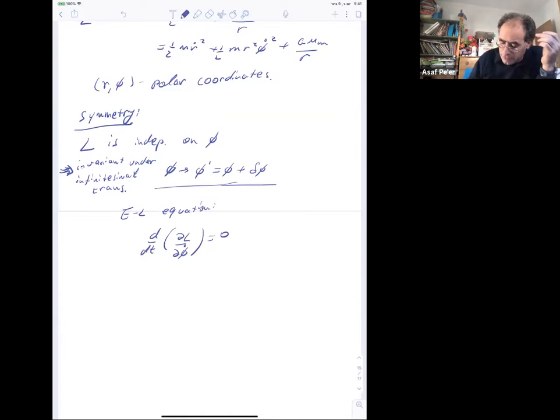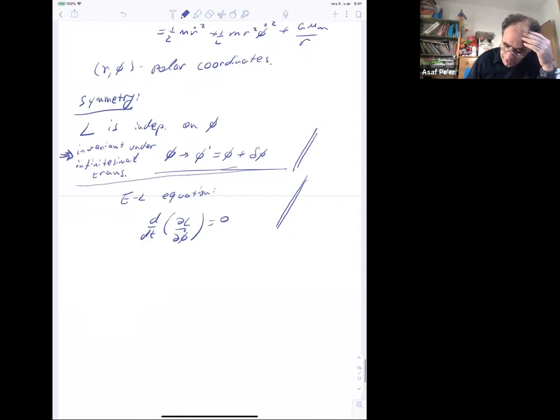So this is the symmetry and the equation of motion. It means that dL over d phi dot, which we call J, is just m r squared phi dot. What is that?